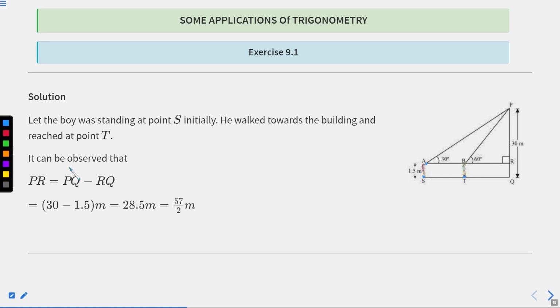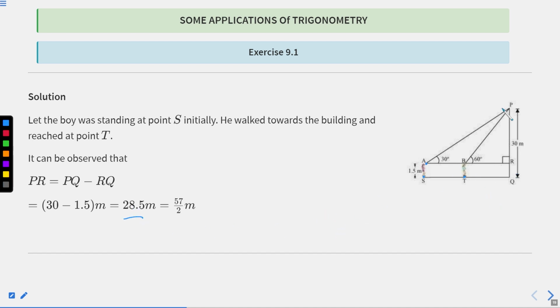Okay, so it can be observed that PR is actually equal to PQ minus RQ. Okay, so PR is equal to PQ minus RQ, and here PQ is 30 meters and RQ is actually equal to the height of the boy. Okay, so that is given to us as 1.5 meters. So PR is equal to 30 minus 1.5, that is equal to 28.5 meters.